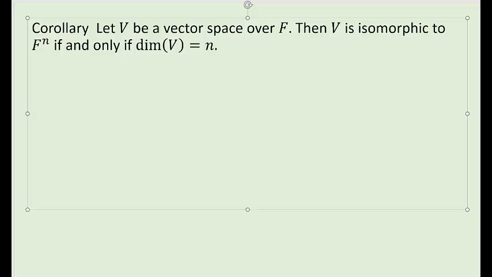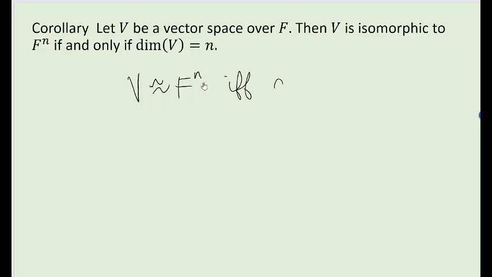This gives us a corollary: a vector space V, of course finite dimensional, is isomorphic to Fn. In other words, we could talk about Fn instead of V. We can identify the two vector spaces if and only if the dimension of V is equal to n.